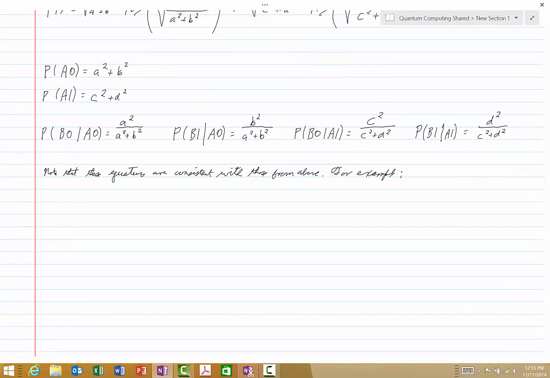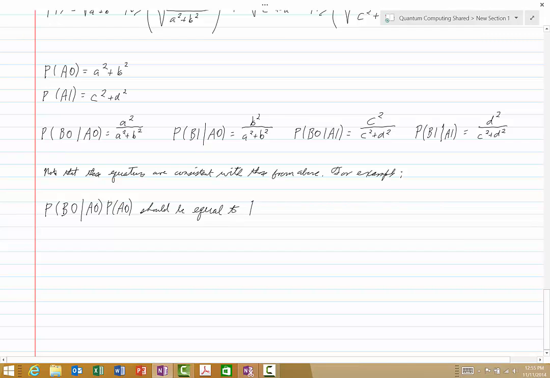For example, we know from our basic formula that P of B0 given A0 times P of A0 should be equal to P of A0 and B0. That's from our basic probability formula that we've been using over and over.